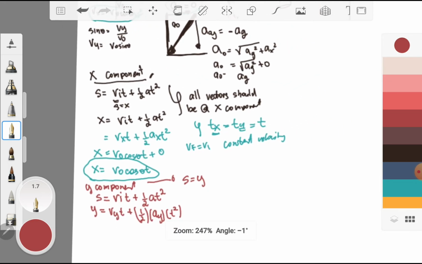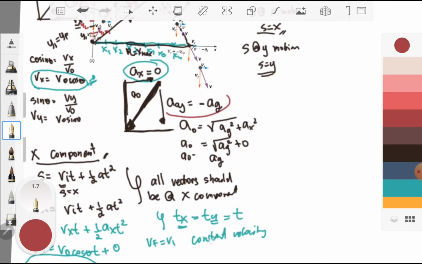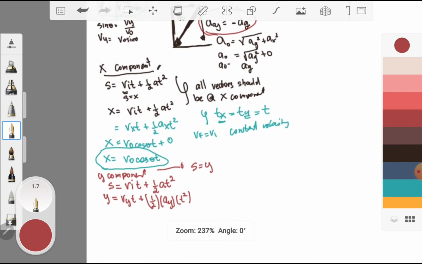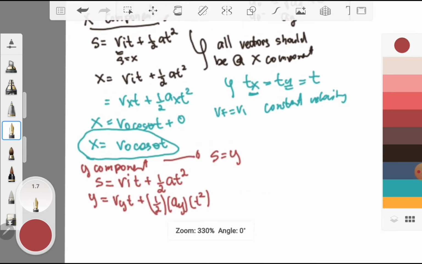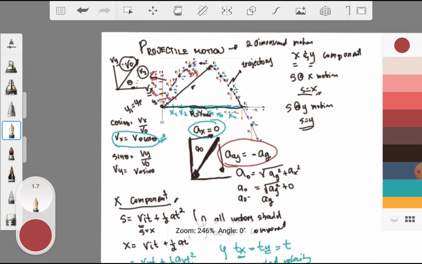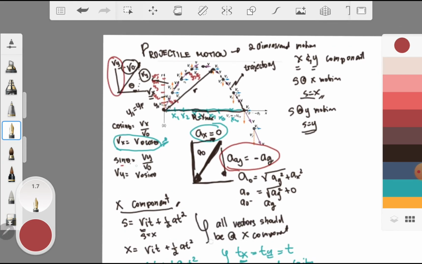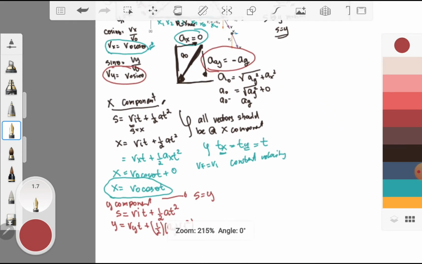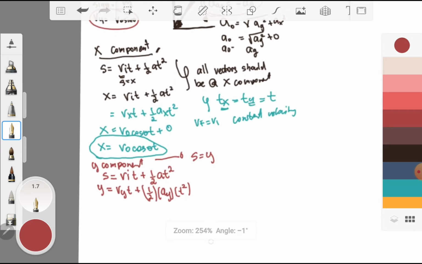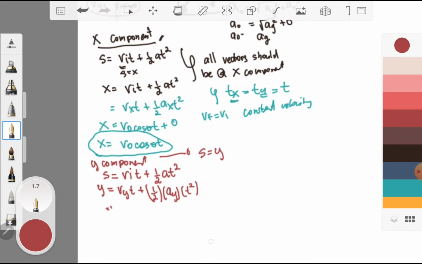So, take note that our Ay, so ito yun, is the acceleration of gravity. So, therefore, it is negative because it is against the motion. And our Vy is the y component of your velocity, which is particularly equal to our Vo sine theta. So, substituting these values, so we'll have Vo sine theta multiplied by our t plus our 1/2 multiplied by our Ay, which is particularly your acceleration of gravity, which is equal to 9.81 meters per second squared, or let's say negative g na lang.